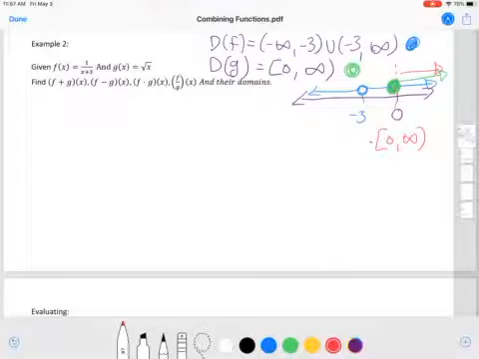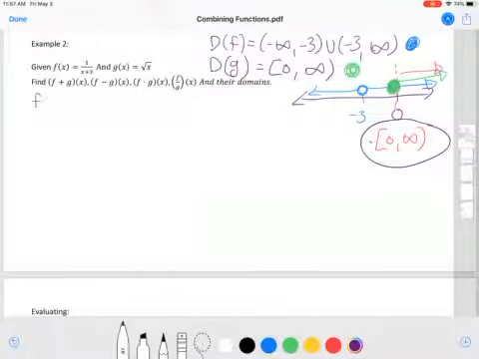Okay, so now, if I go back to the problem, I know what the domain is going to be, except for f divided by g with that extra rule about the denominator being 0. But I know what all the domains are going to be for f plus g, f minus g, and f times g. It's going to be from 0 to infinity, including 0.